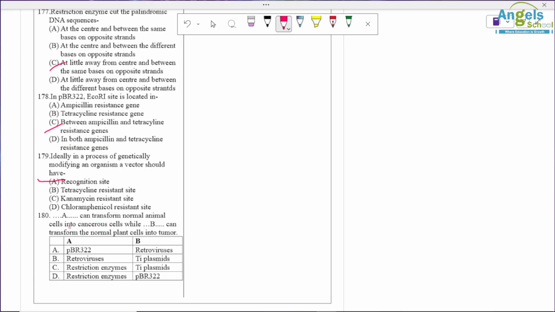Last question: A can transform a normal animal cell into a cancerous cell, so here retrovirus is the answer, and B can transform a normal plant cell into a tumor, so the Ti plasmid can do this, so the answer is B.